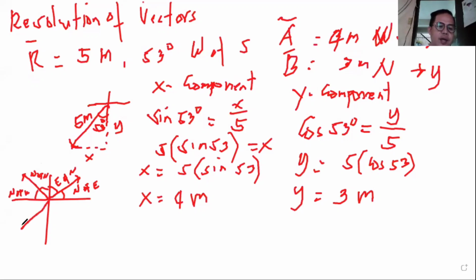In quadrant 3, you have the direction south of west and west of south. Then in quadrant 4, you have the direction east of south and south of east. So you have to memorize that, as well as the quadrantal angles.